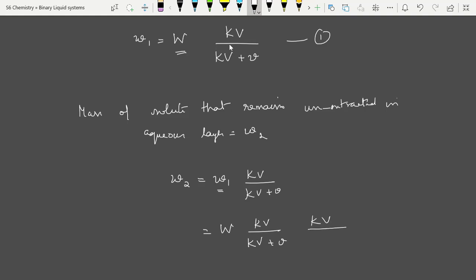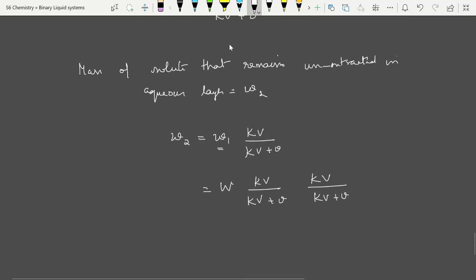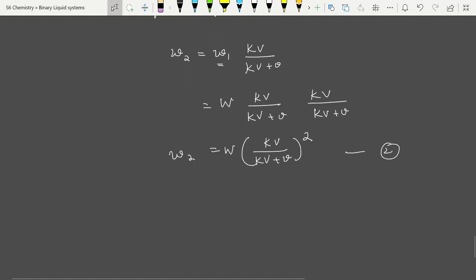So this will be equal to W into KV divided by KV plus v, the whole squared. So W2 is the mass that is remaining unextracted in the aqueous layer in the second extraction.